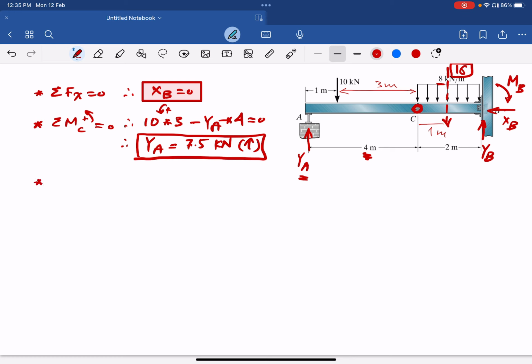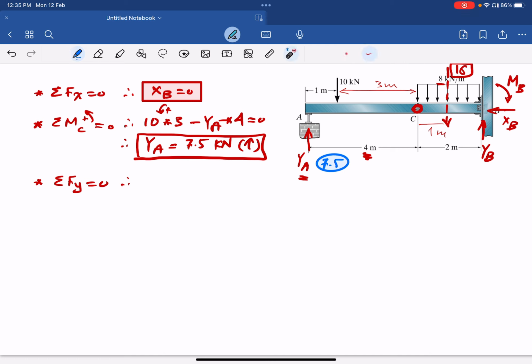Let's now get the third reaction, which is Y at B. For that one you can take summation of Fy equals 0. We have the force at A, which is 7.5 kilonewton, that we found, then you have the 10 kilonewton, and you have 16.